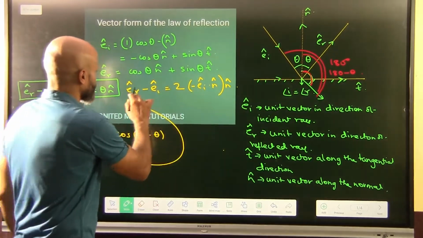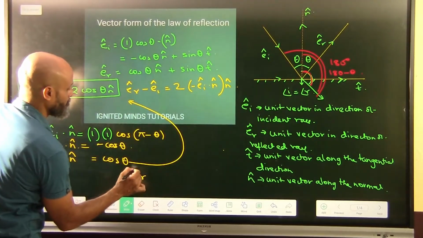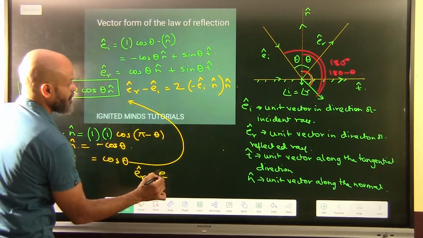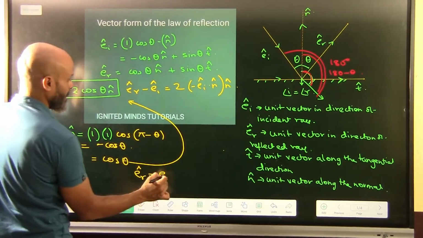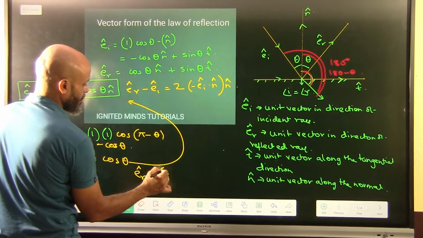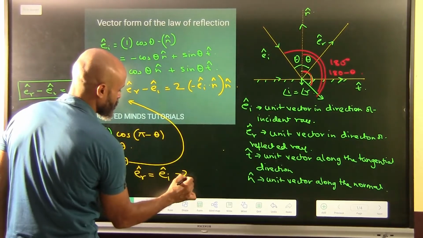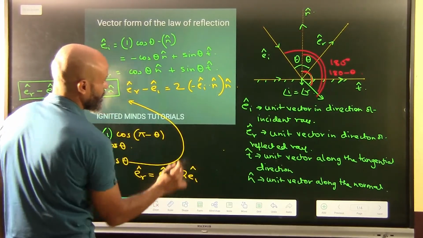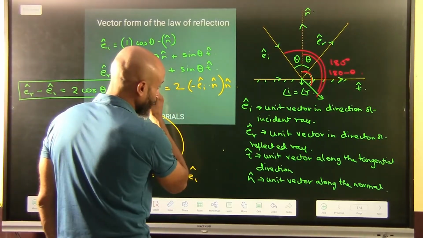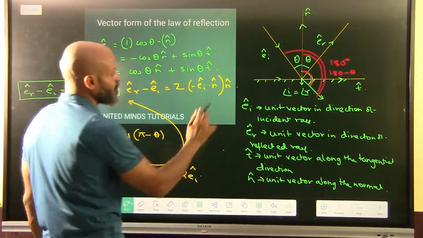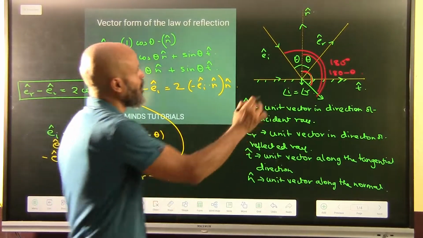So, ER unit vector will be equal to EI unit vector, this goes here, minus 2 EI dot n into n. Now, n dot n will give you what?